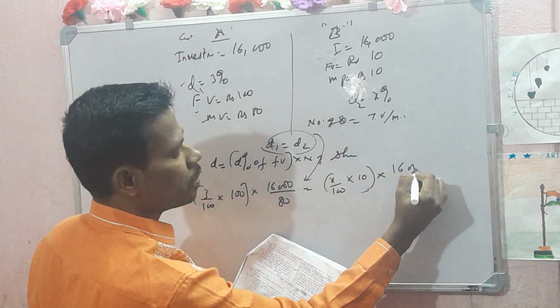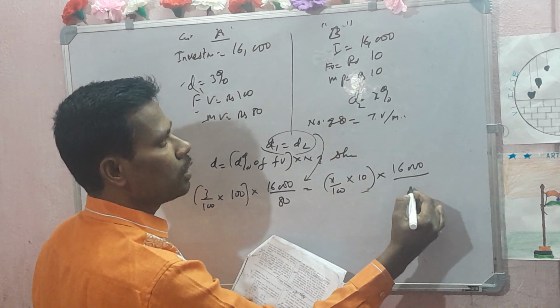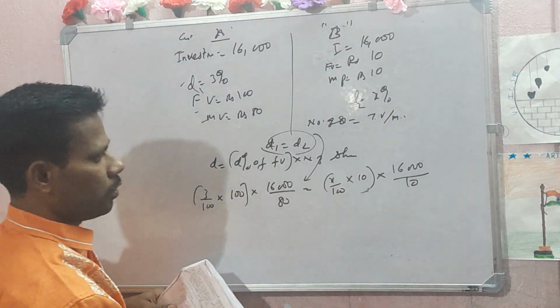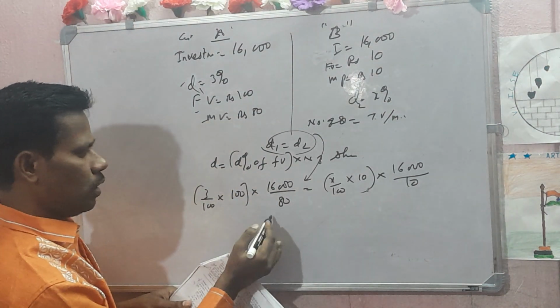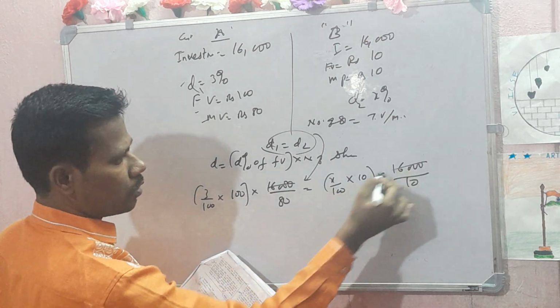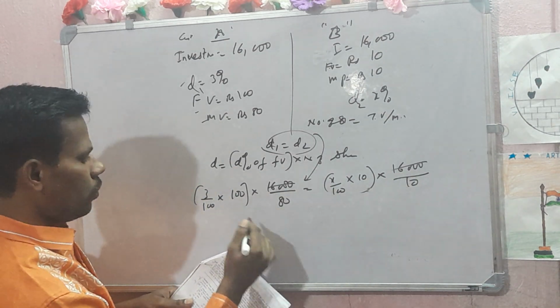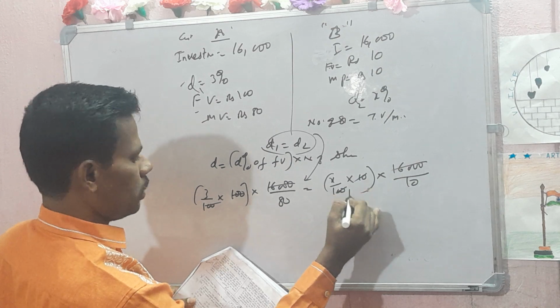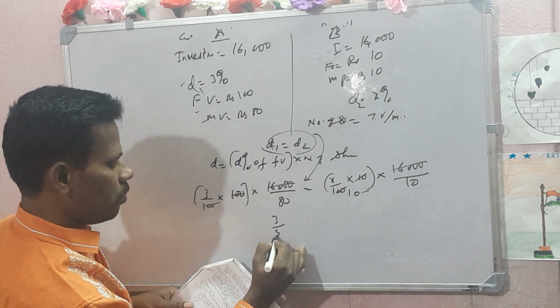Again the same formula: total investment is 16,000 by market value is 10 here. So from this calculate the X value, and 16,000 you can cancel. 100 you can cancel, and 10 also, 10 and 100 you can cancel.